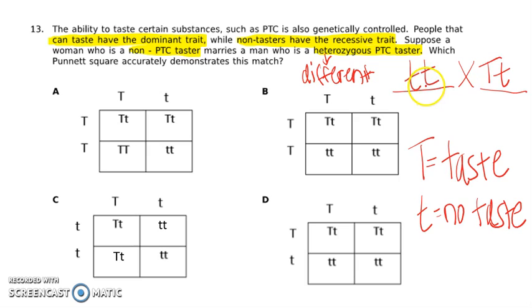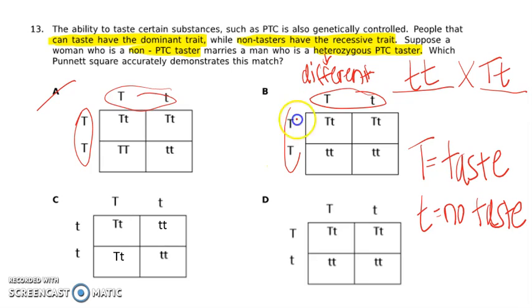So let's look for one that has a parent with homozygous recessive. So right here we have a heterozygous and a homozygous dominant. That's not what we're looking for, so A is not correct. B, we have a heterozygous and a homozygous dominant, which is not what we're looking for. C, we've got a homozygous recessive right here, which is what we were looking for.